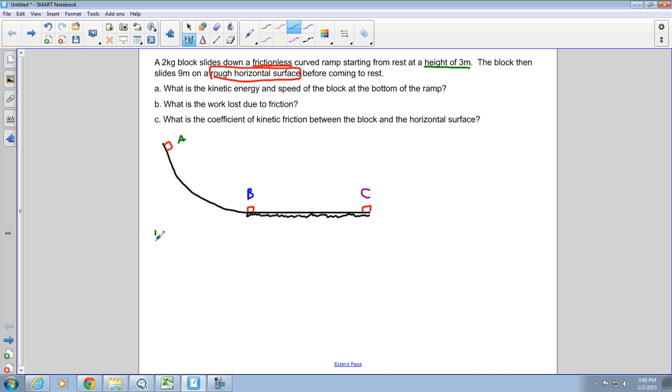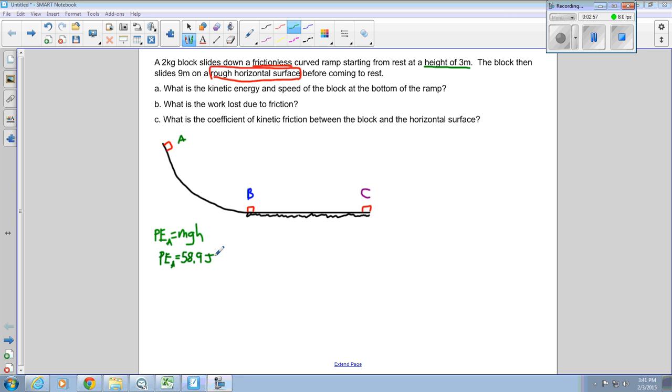So potential energy at A, we'll use mgh. We've got a 2 kilogram block, so we know the mass. We can figure out potential energy at A: 2 times 9.81 times 3, and that will give us our potential energy at A, which calculated would be 58.9 joules.